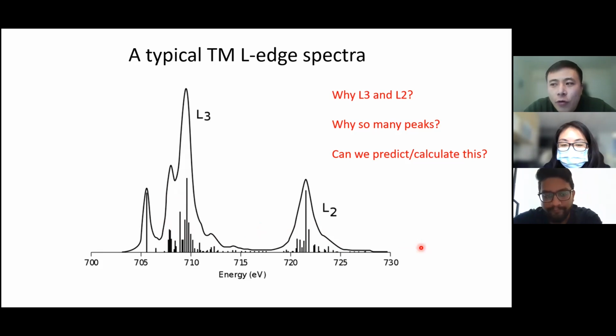And for your question about why L2, L3 differ from L1, I do not have a very good answer to that, but I think that's something we observed last time when we were measuring the L edges.